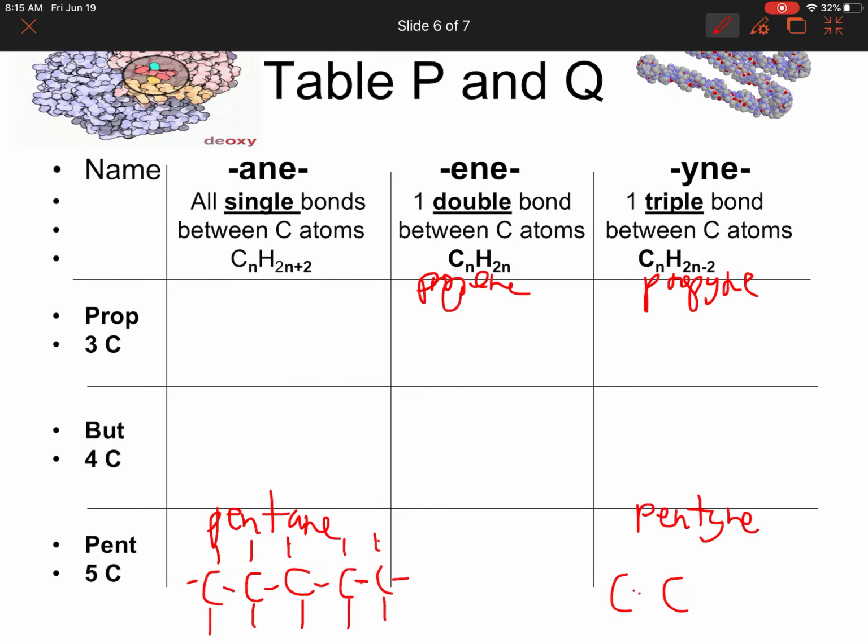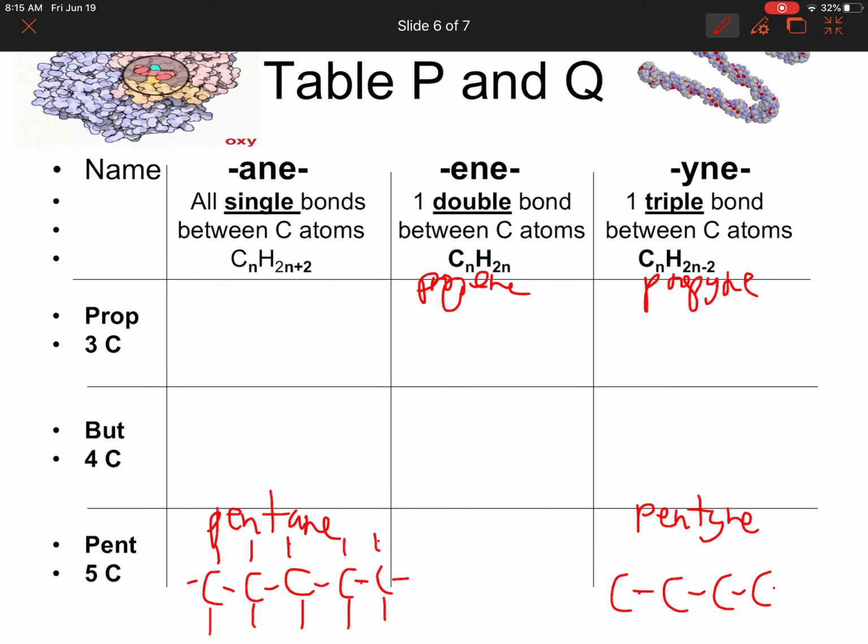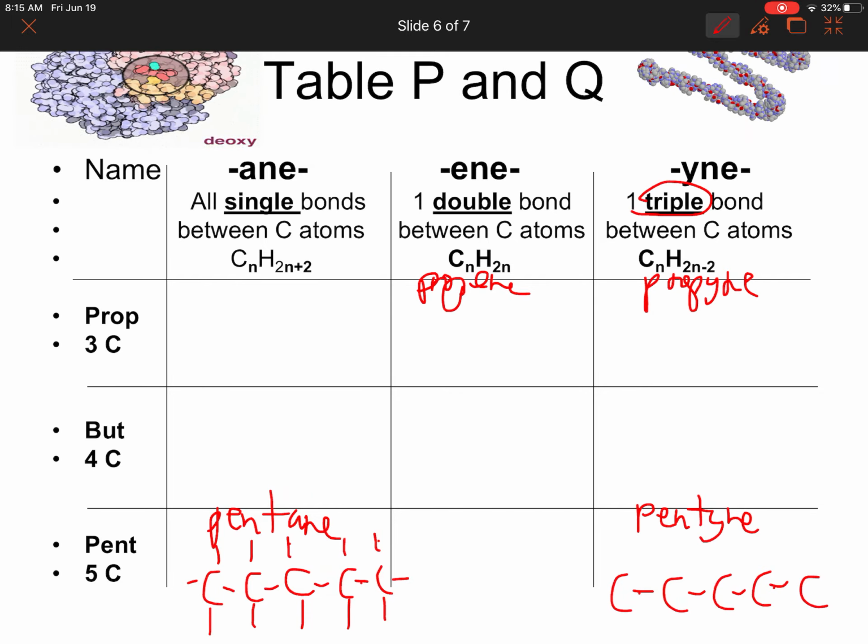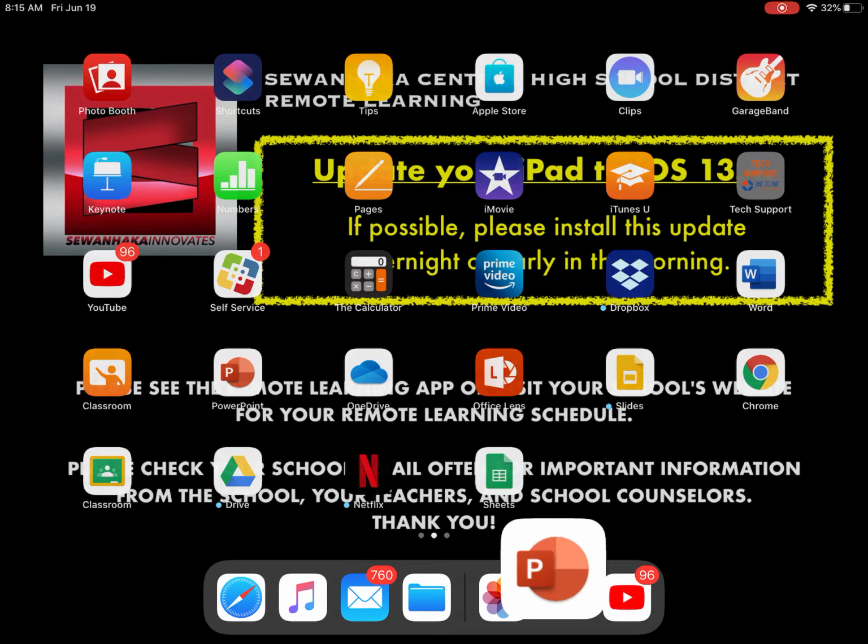5 carbons. So there's 1 triple bond, right, guys? You can put it anywhere, but pentyne really means 1-pentyne.